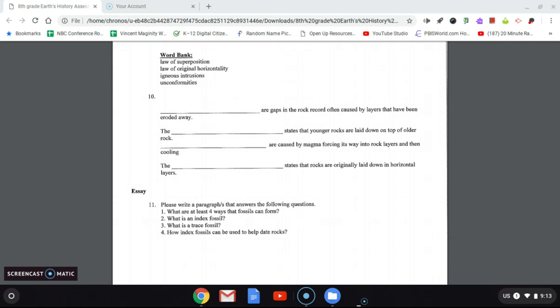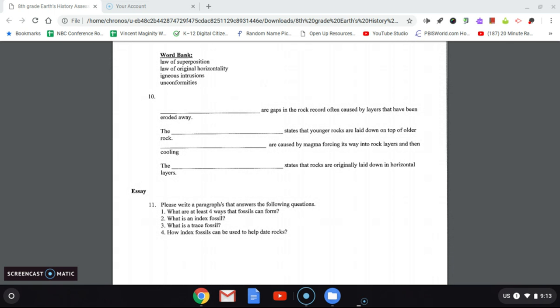Number 10, you're going to use a word bank to complete the sentences. First, I'm going to read the words that are in the word bank. Law of superposition, law of original horizontality, igneous intrusions, or unconformities. So the first one says, blank are gaps in the rock record often caused by layers that have been eroded away.